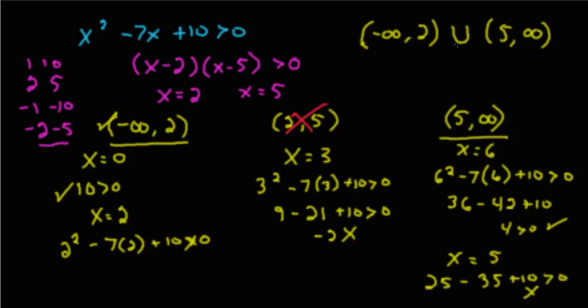And the union symbol here shows that it's this solution set, the negative infinity to 2 interval, and this interval of 5 to infinity. So it's both of those. And the U here just stands for union, and that's a way to show that it stands for both of those intervals.